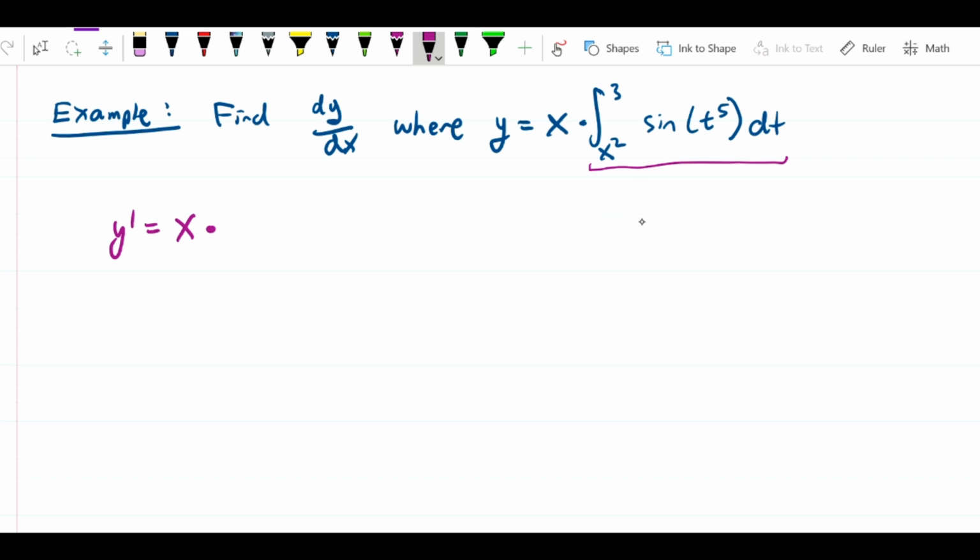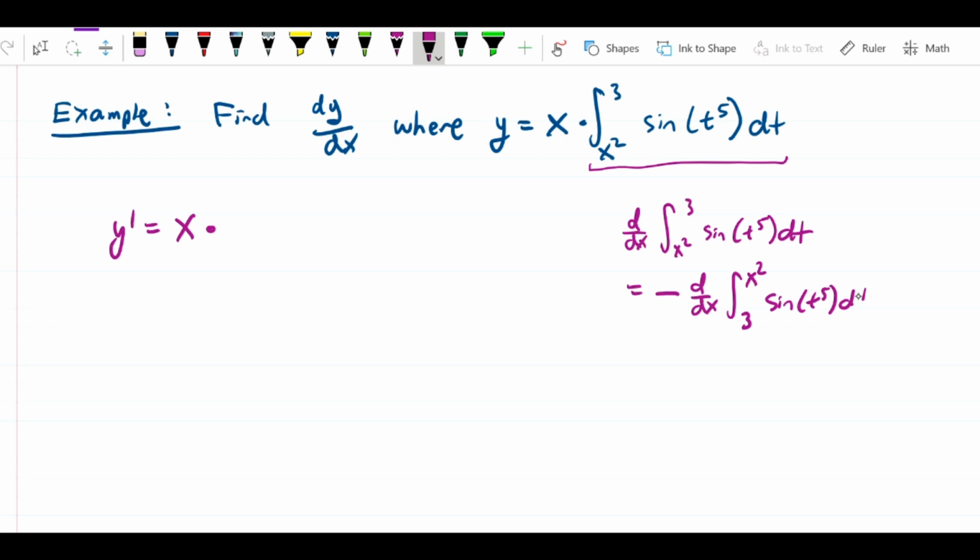The derivative of the integral from x squared to 3 of sine t to the fifth dt is going to equal negative the derivative of the integral from 3 to x squared of sine t to the fifth dt, which is going to equal negative sine of x squared to the fifth. In other words, I just replace the t with the x squared, but now I multiply by the derivative of the x squared, so that's 2x.